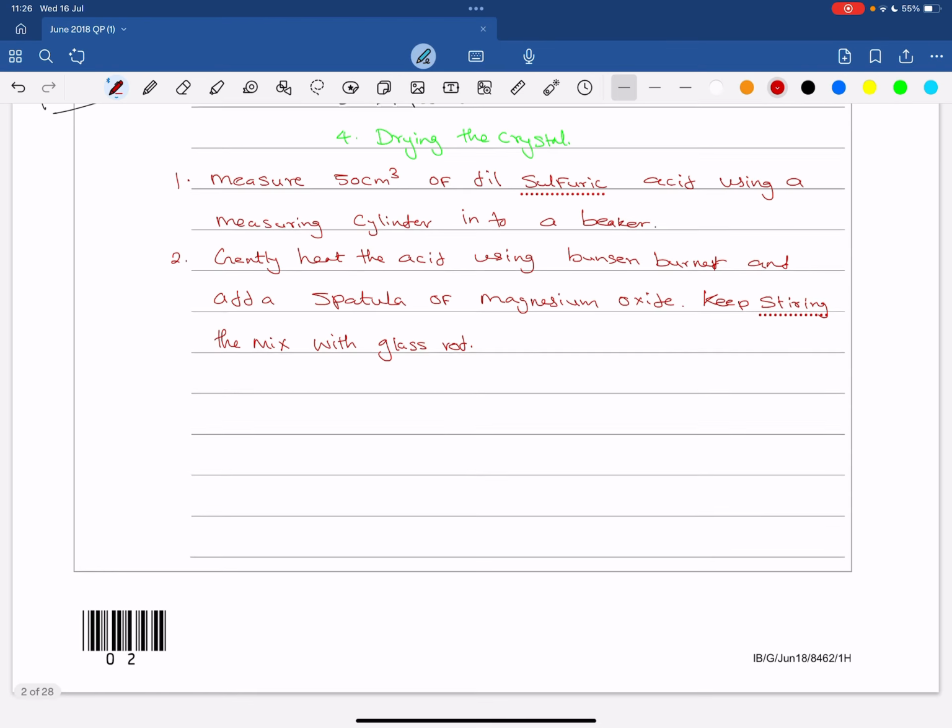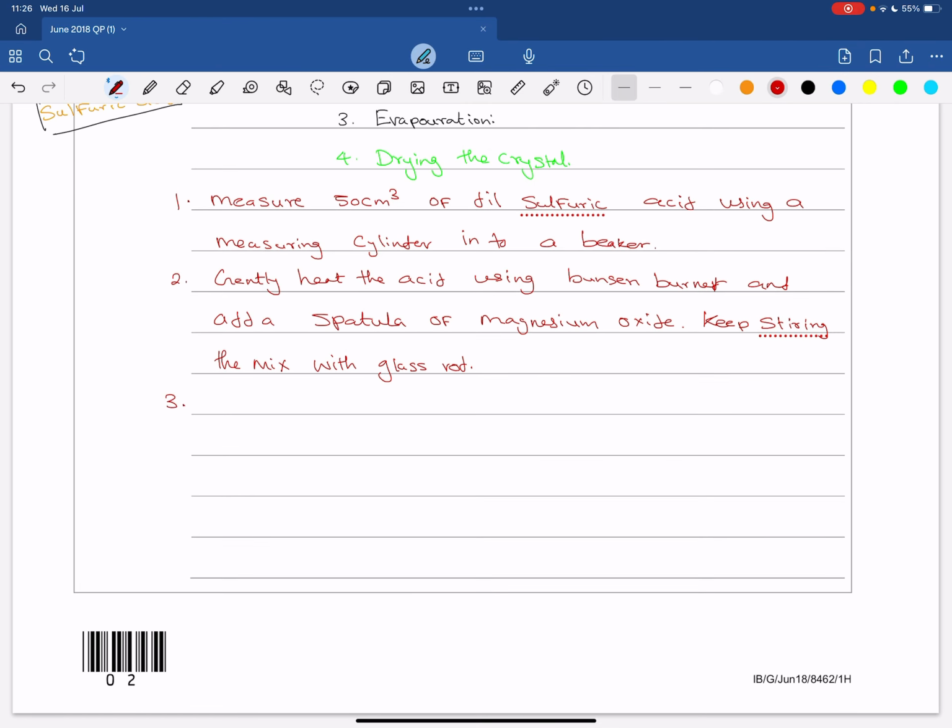Third, once you have added a tiny amount of magnesium oxide, stir it with a glass rod and then keep adding magnesium oxide until it becomes excess.